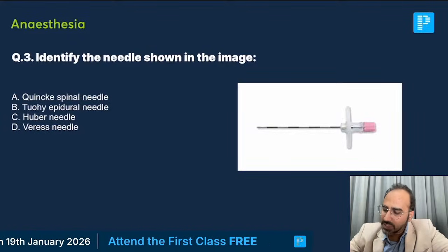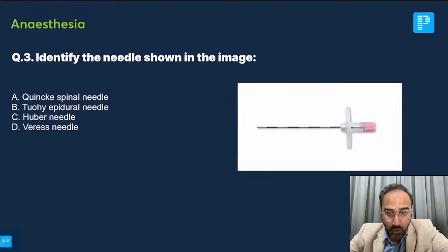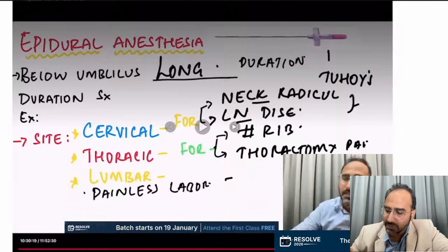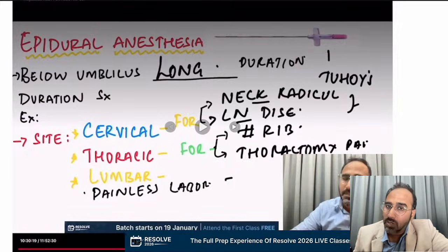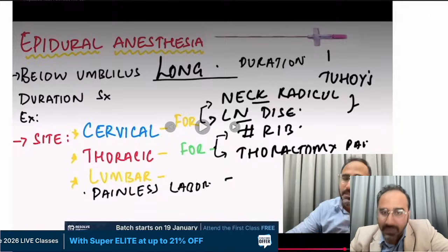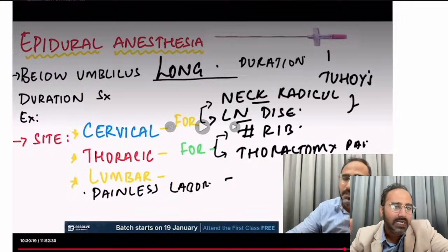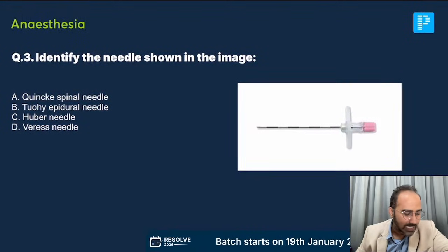Identify the needle which is shown in the given image. Come on, guys. What is the needle being shown over here? Again, we have discussed this many times. While discussing epidural anesthesia, I told you one needle will have 1 centimeter light and dark bands on it. By looking at the needle, you will see that it's an epidural needle used for giving epidural anesthesia.